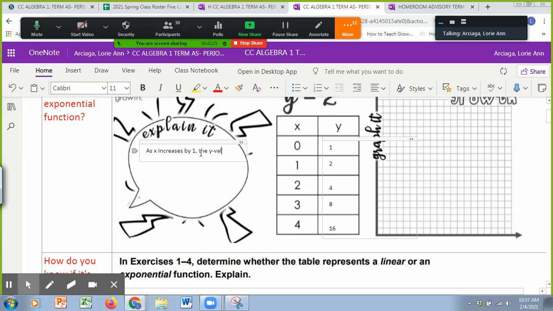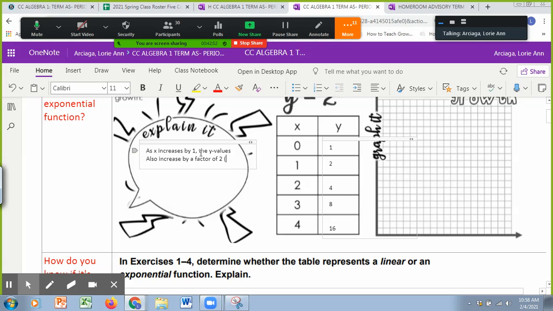So the y values also increase by a power of 2, very good, or by a factor of 2.